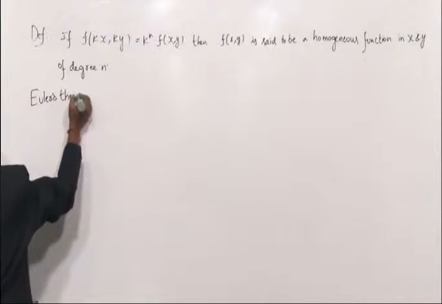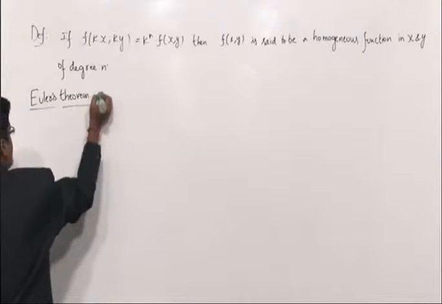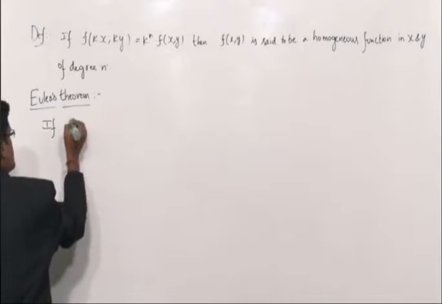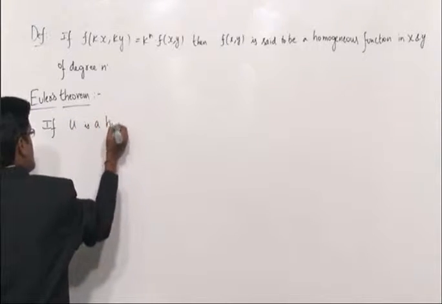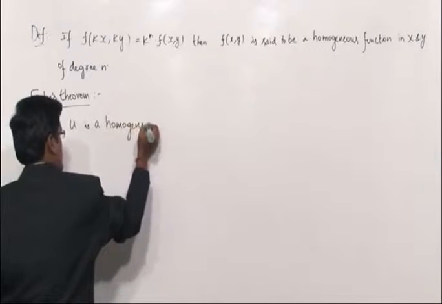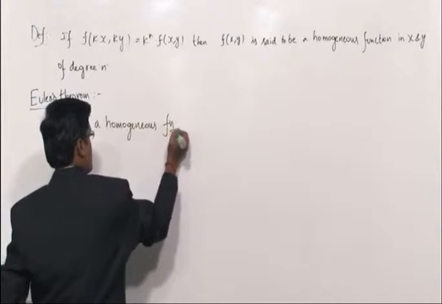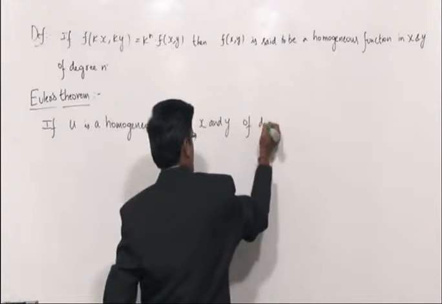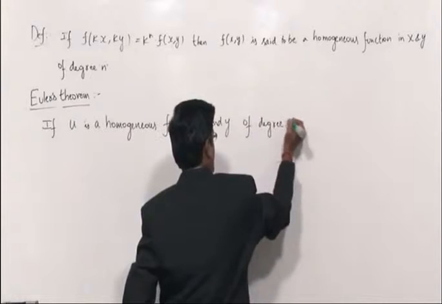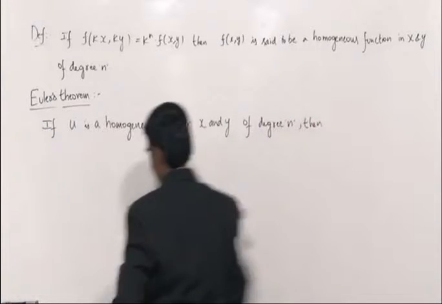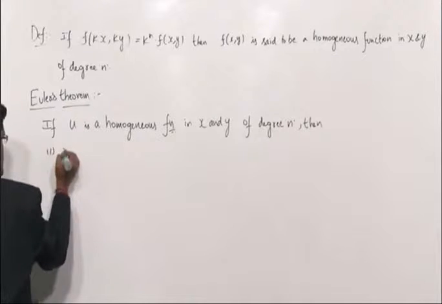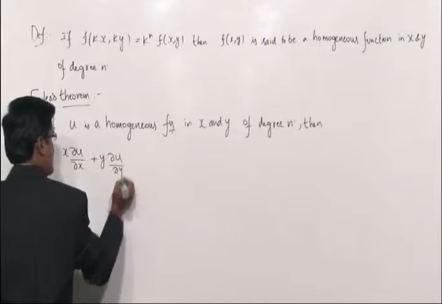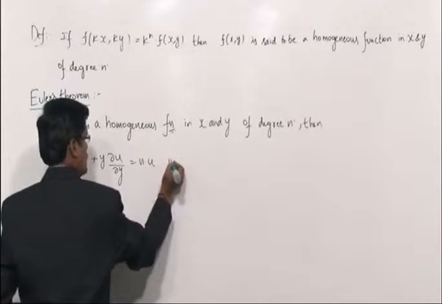Euler's theorem, or someone pronounced as Euler's theorem. If u is a homogeneous function, in x and y of degree n, then statement 1 is x del u by del x plus y del u by del y is equal to n into u.